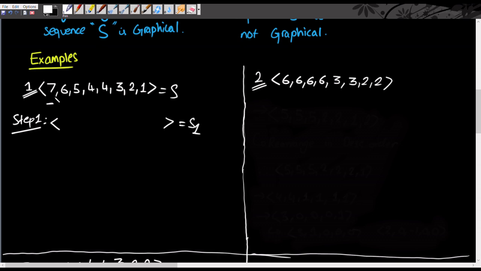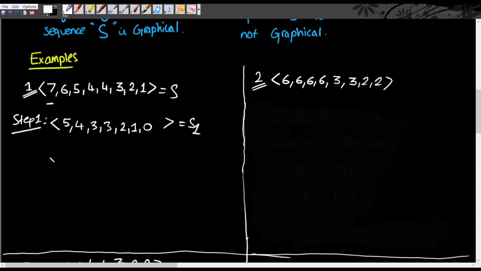You remove the highest degree, that is 7, and reduce the next 7 entries of S by 1. So reduce 6 by 1, so you get 5, 4 by 1, 5 by 1, that's 4. You get 2 3s, a 2, a 1 and 0. So you see that we've reduced 1 in the next 7 entries of S to get S1.